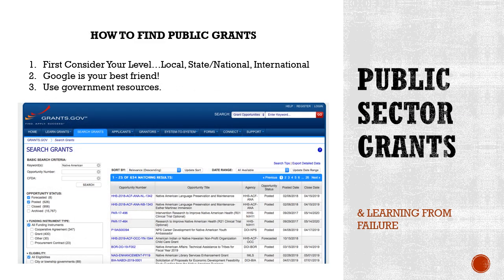Shifting gears a little bit to look more closely at public sector grants, grants.gov is a government resource which provides information about government grants. If you look on the left-hand side of this screenshot, the keywords that you can use are really helpful in finding and identifying grants that are out there and available.